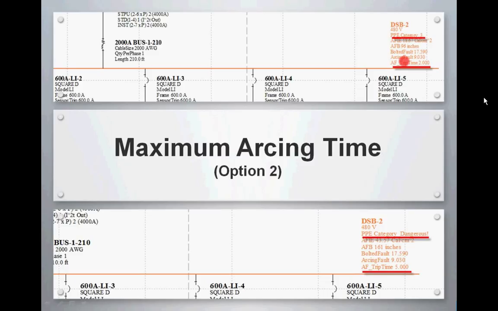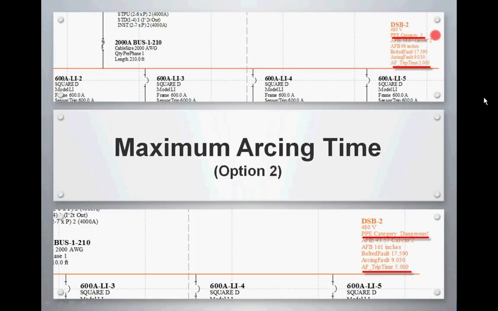So I calculated ArcFlash in this first above case, a 2-second maximum arcing time, 2 seconds according to IEEE, and I said, well, I will make the change to 5 seconds and see what is the difference. When I calculate the ArcFlash incident energy at 2 seconds, maximum arcing time 2 seconds, the ArcFlash incident energy is 18.6.